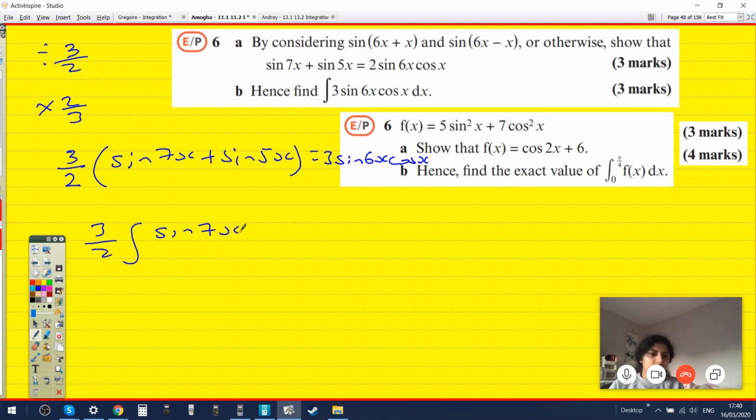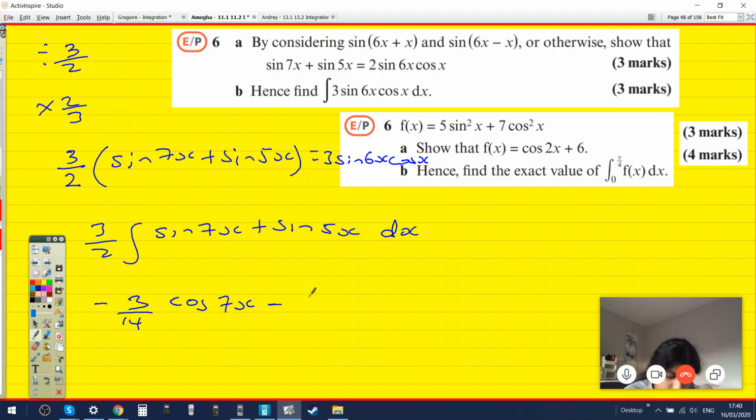Yeah, and then wouldn't you have that on the inside? And then you just have to integrate it after that. And it's actually pretty easy to integrate, just sine. Yeah, it's just minus 1/7 cos 7x minus 1/5 cos 5x plus c. Cos, I believe. Yeah, sorry, that's maybe cos.